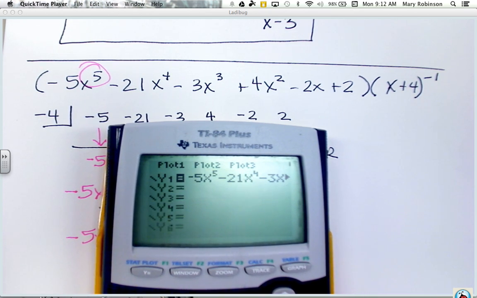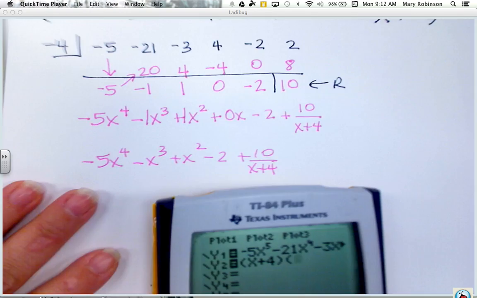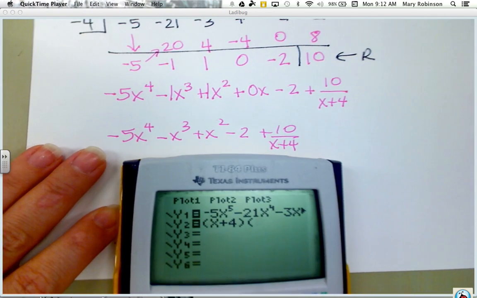All right, and then we're going to put in our divisor times our quotient. So our divisor is x plus 4, and we're going to multiply by the quotient that we got, which is our answer.